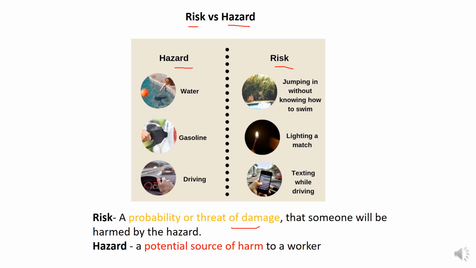We also know a hazard is a potential source of harm. For example, water. If the water is a hazard, then what is the risk? Jumping into the water without knowing how to swim. So this is a risk. If we don't know how to swim, then why would you take a risk, right?